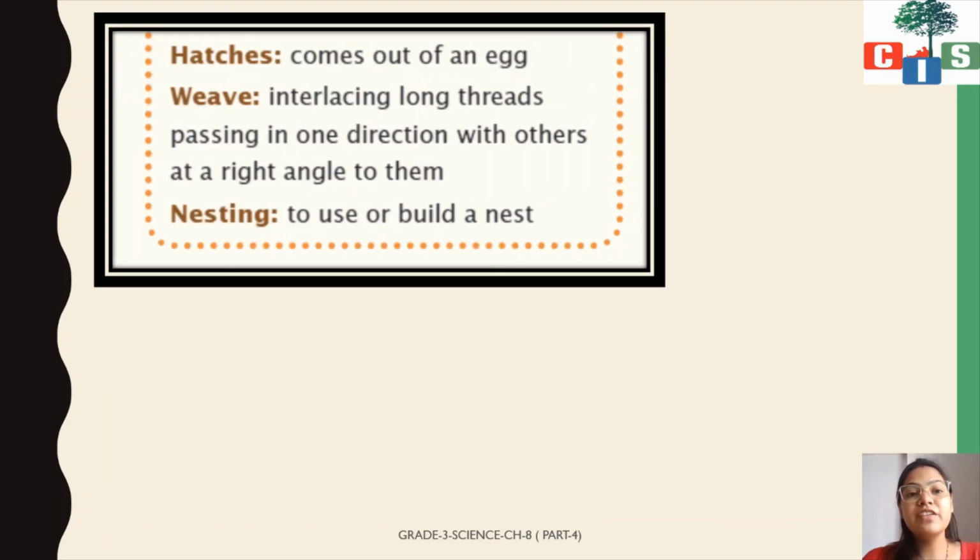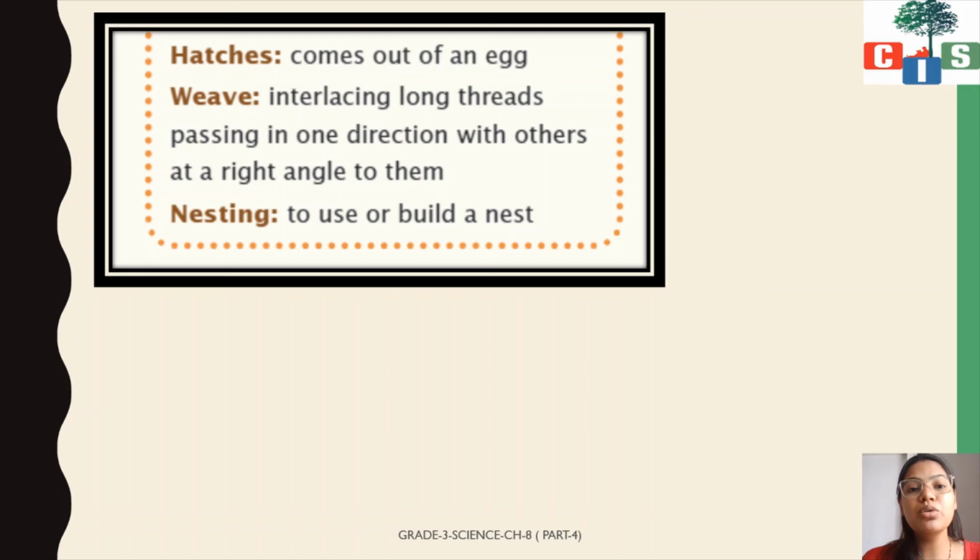Then weave. Interlinking long threads passing in one direction with others at a right angle to them. So weaver is a term used for the weaver birds that make their nest.